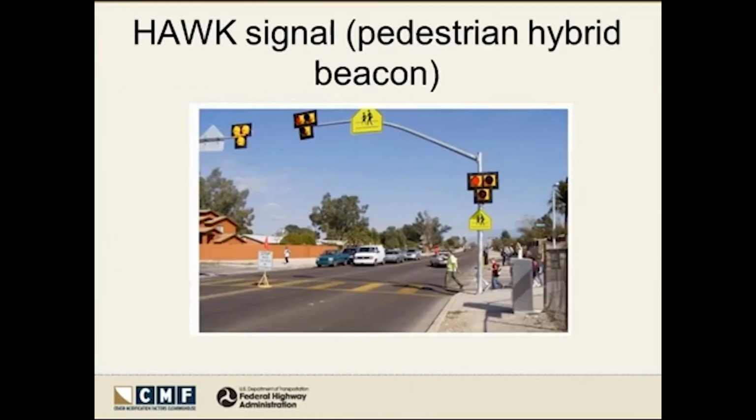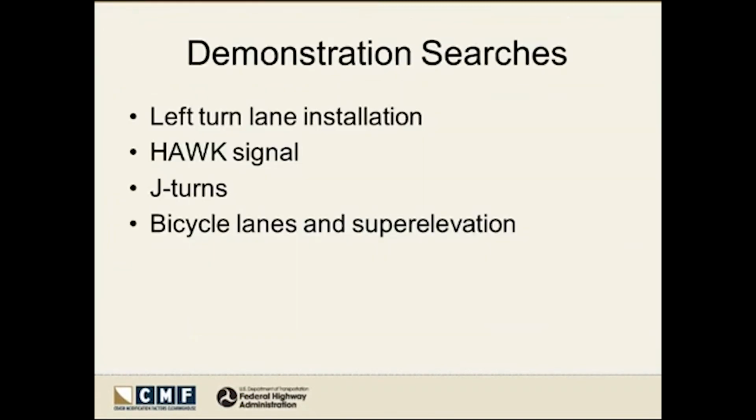The last one I wanted to address was another scenario submitted to us that involved bicycle lanes and super elevation. The situation this gentleman had was a section of two-lane roadway with 2-foot shoulders, and along this road he had two very sharp curves. The crash history involved run-off-road crashes and also two vehicle-on-bicycle overtaking crashes that were fairly serious.